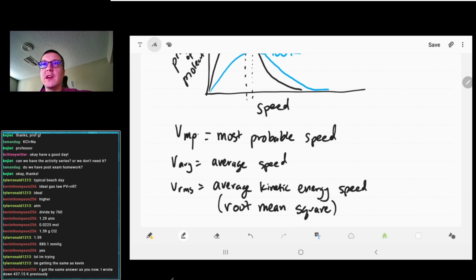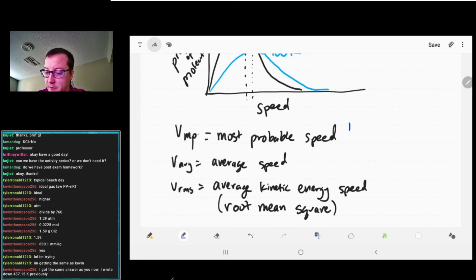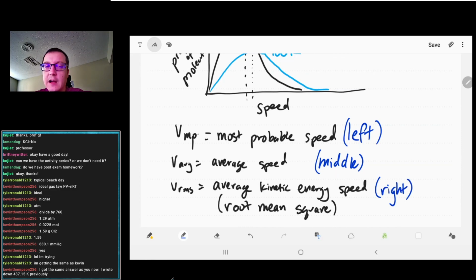And so we can just basically compare these. We're always going to see the most probable will be the one on the left, the average will be in the middle, and the root mean square is usually to the right. This is generally the case as we look at these speeds.